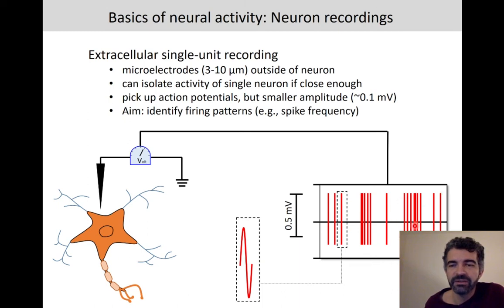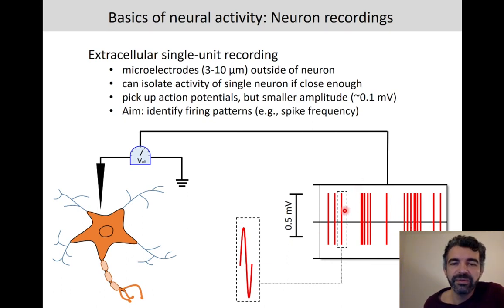So this is just the tip of an action potential, and you can see the change in firing rate. For example, there's a lot of action potentials in a row here. Then there's a pause. There's another action potential, a pause, and then a whole bunch of action potentials.